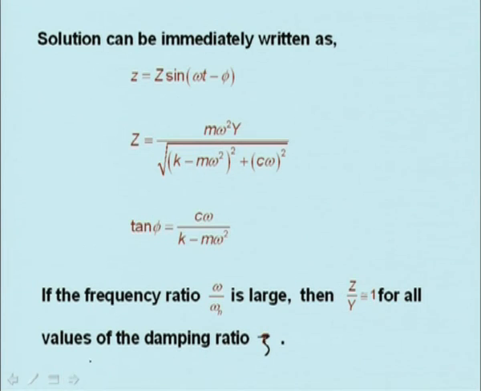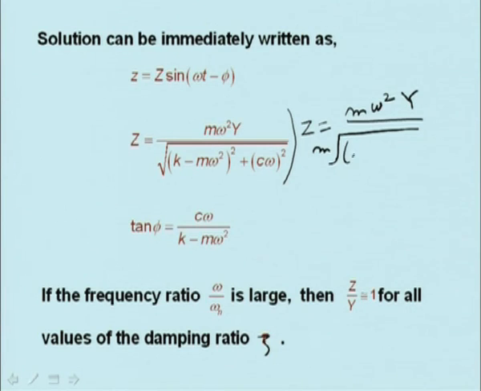Let us take omega by omega n large. Let us say Z is equal to m omega square Y divided by the square root of (k minus m omega square) whole square plus c square omega square. We can take m square common, so m can be taken out.